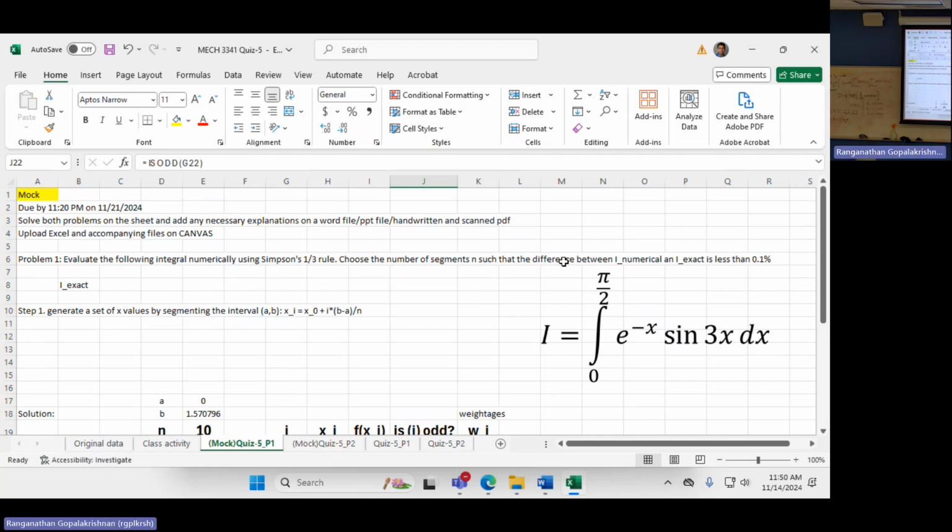The weight is based on a rule that if it's the first and last, it's just 1. If the is odd column is true, then it is 4. If it is false, I make a rule. This is the weightages.